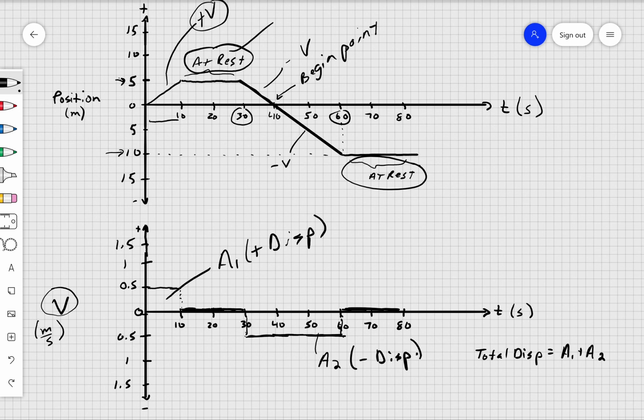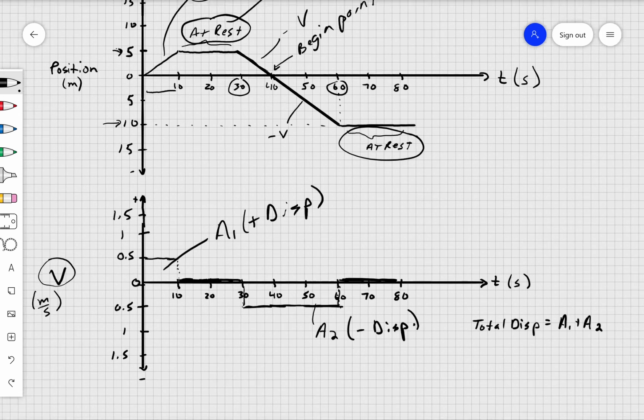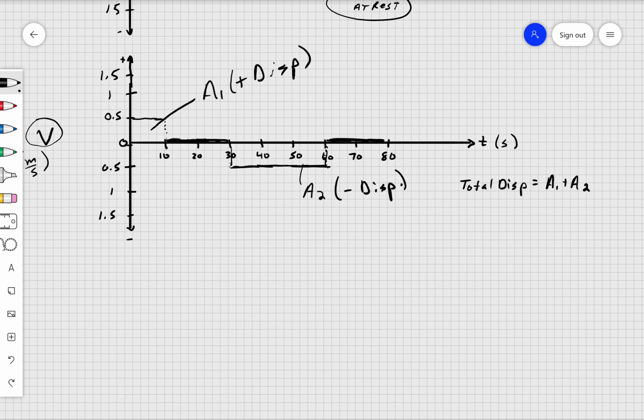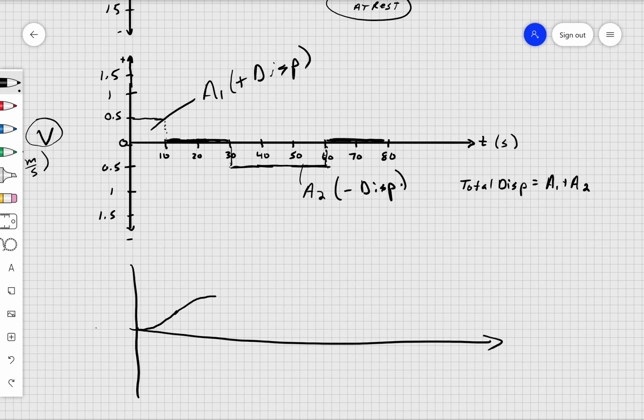Now, please remember the unrealistic aspect of these graphs for algebra is that we're not looking at curves, right? So the elevator, and now this is my little Walmart version of my graph here. Pretend that's perfectly straight. In the Walmart version of this, the velocity doesn't really start from rest. It curves upwards to some velocity, and then it slows down to rest.